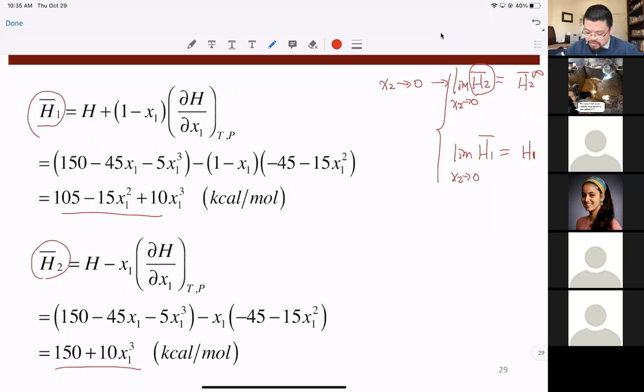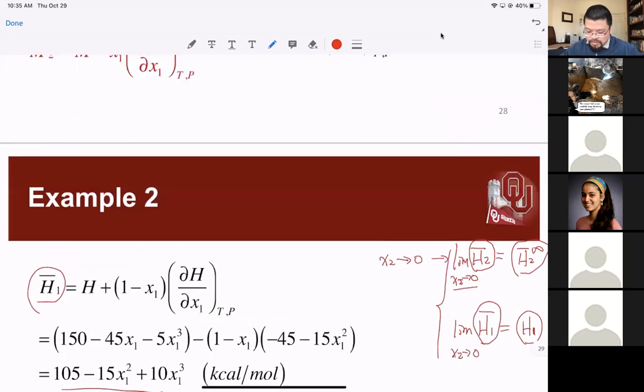So under the same condition, x2 goes to 0, for h2 it's the partial molar at dilute. For component 1, that is the pure component 1.